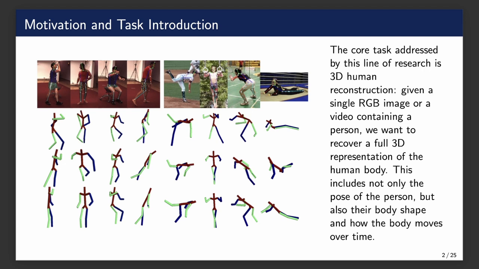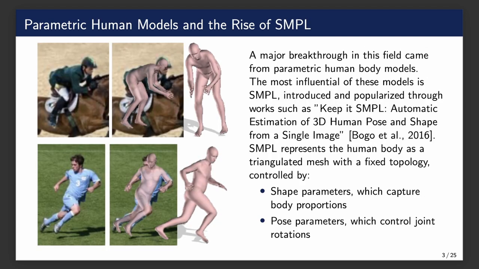But very early, this paper, Keep It SMPL, was published, which introduced a new body model which was more realistic, that uses two main parameters, the shape and the pose parameters, to construct this human body mesh. The shape parameters define the appearance of this model. Instead, the pose parameters represent the joints that are inferred from the image or the video.